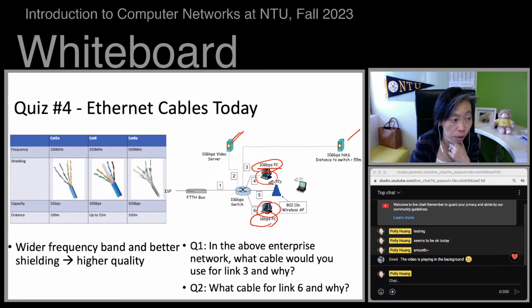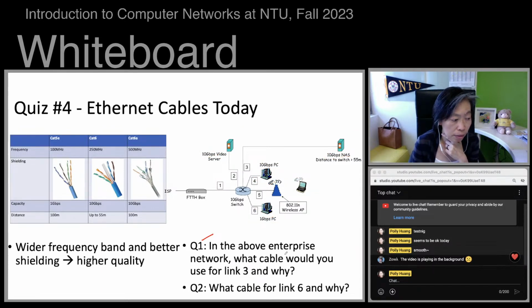By the way, for servers, oftentimes you use very high internet access speed here. So high-speed network switch, high-speed network interface chip. And then there's one laptop accessing through Wi-Fi. So that is the environment.